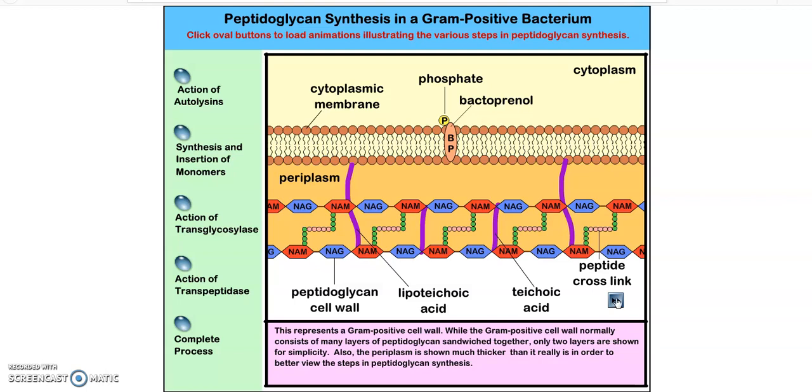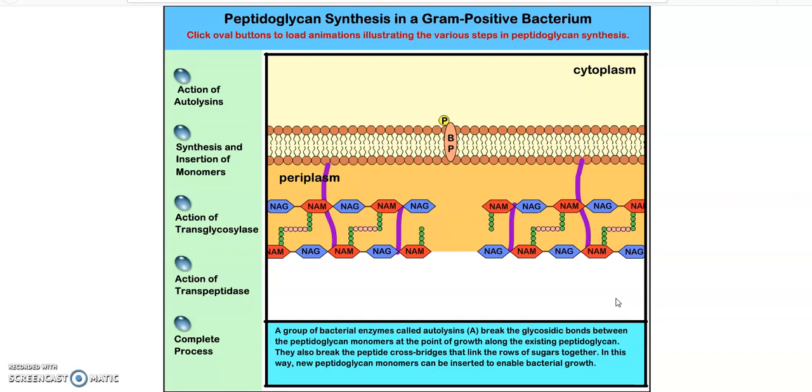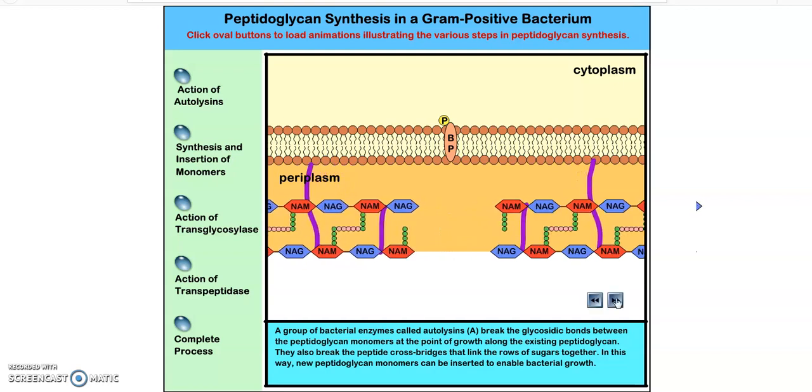It also allows the bacterial cell to grow. So here come the autolysins. They cut the glycosidic linkages between an old part of the cell wall. They also break the cross-link between the amino acids on the NAMs. This opens up the cell wall so the cell can grow.